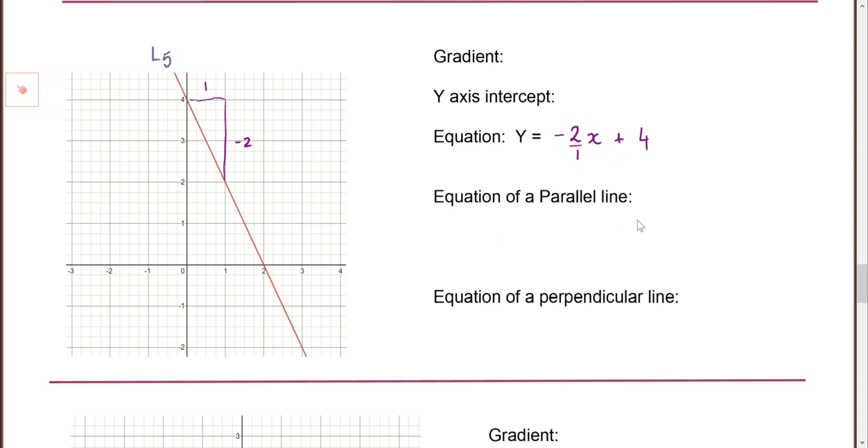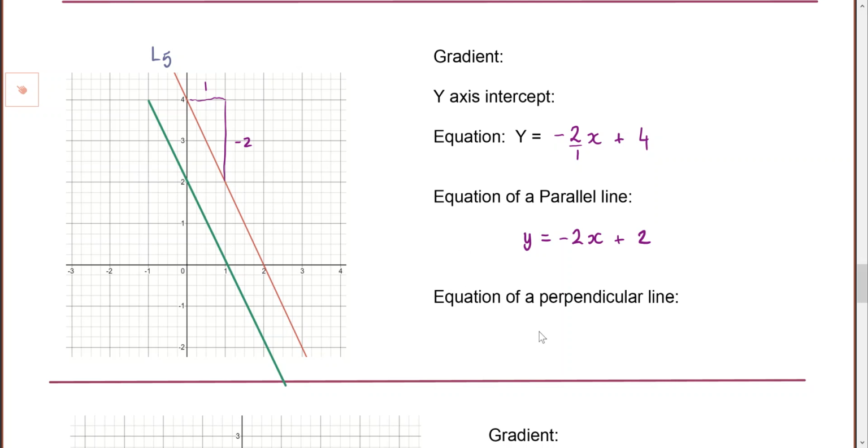The equation of a parallel line would be, Niall? -2 plus. Don't forget the x, and then plus, anything? Give me one then. 2. Plus 2, okay? So that one that he's just said would be this line here. Parallel line, gradient -2 goes through 2. Alright?